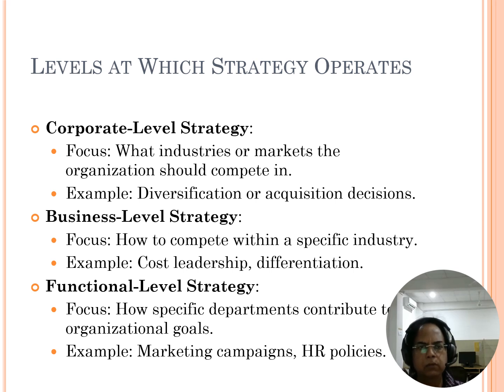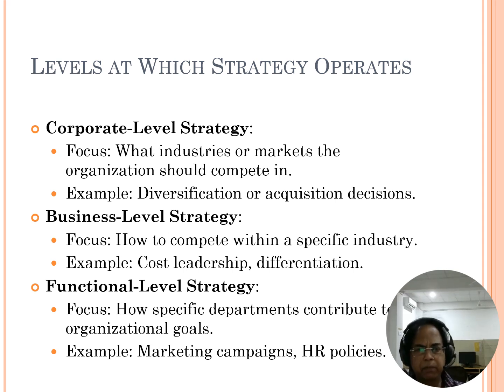So what are the elements in corporate level strategy? At the top management, as we know, there are policy makers, directors, executives and the owner. They focus mainly on how the organization will compete against rivals.